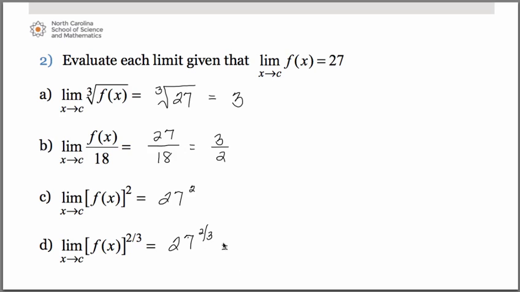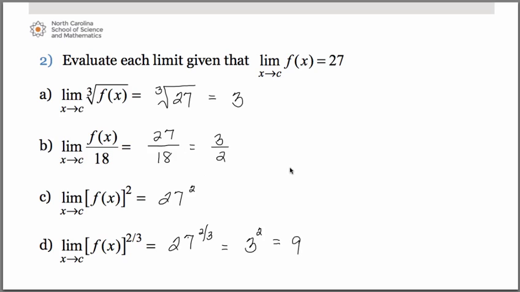So remember how we do that. The denominator of the exponent tells us what root of 27 we are taking. So we do the cube root of 27, which is 3. We still have the numerator part of the exponent, and therefore in the end we have 9 as our answer.